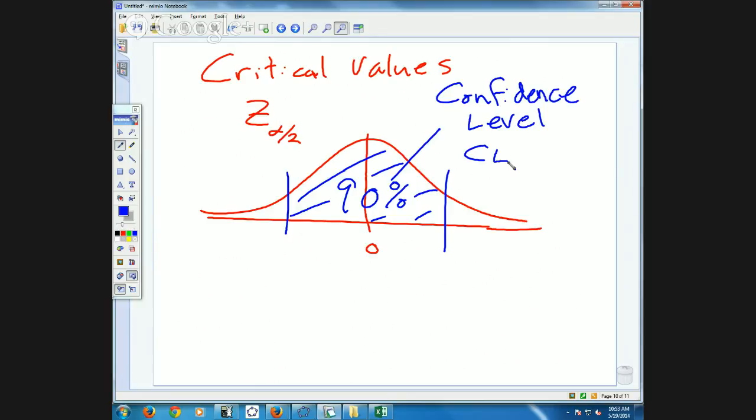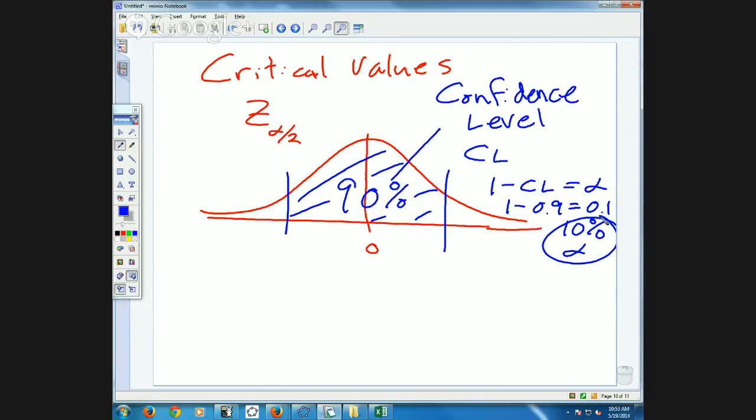10%, right? So if we take 1 minus the confidence level, that gives me what the tails have to share. That's what's called alpha. So in this case, 1 minus 0.9 equals 0.1, or 10%. That is my alpha in this case.